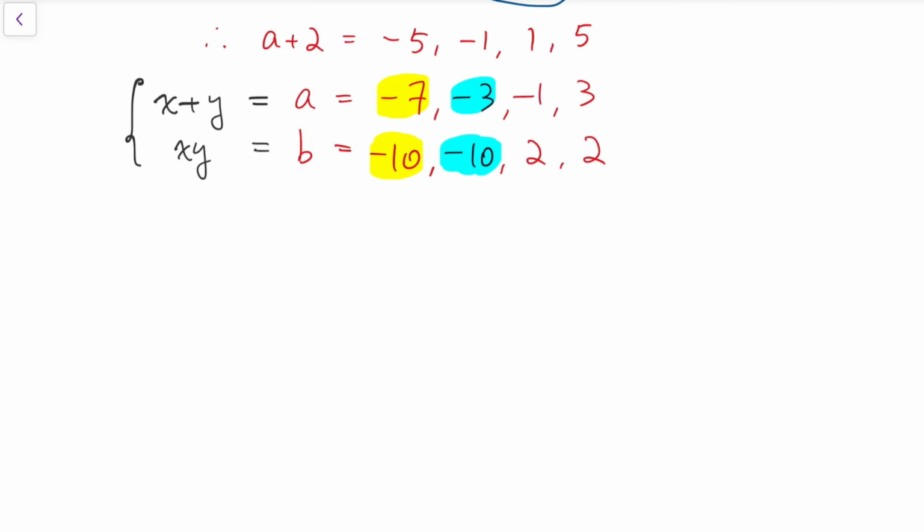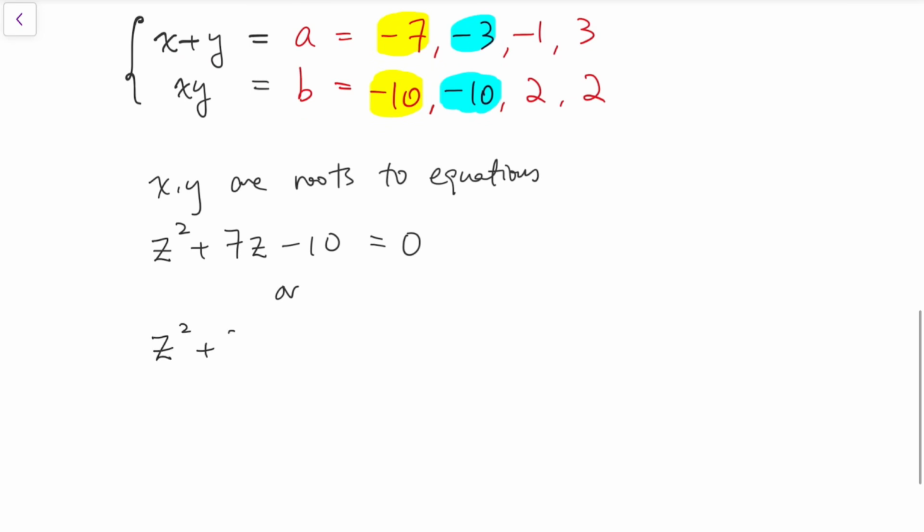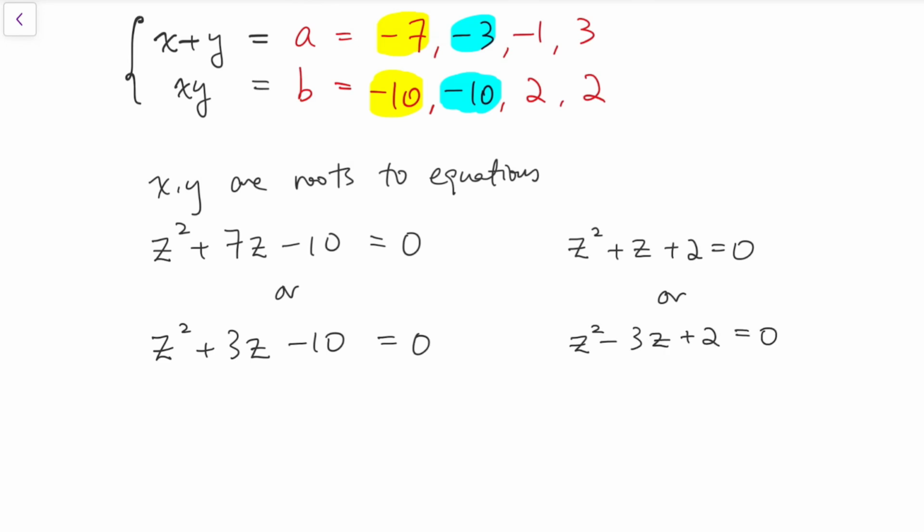So I can say that x, y are roots to the equations either z squared plus 7z minus 10 equals 0 from the first system, or z squared plus 3z minus 10 equals 0, or z squared plus z plus 2 equals 0, or z squared minus 3z plus 2 equals 0.